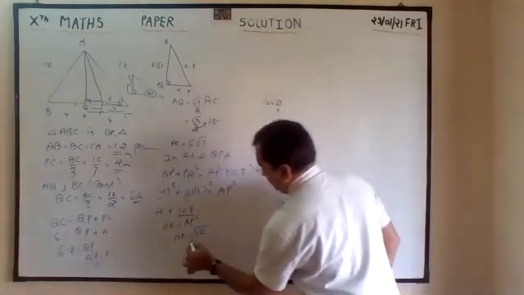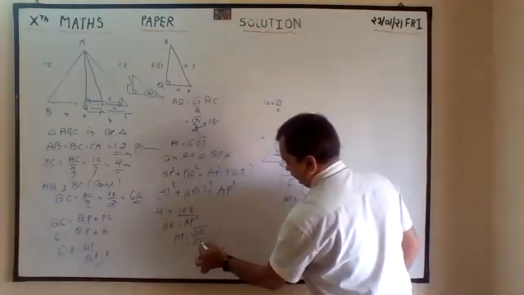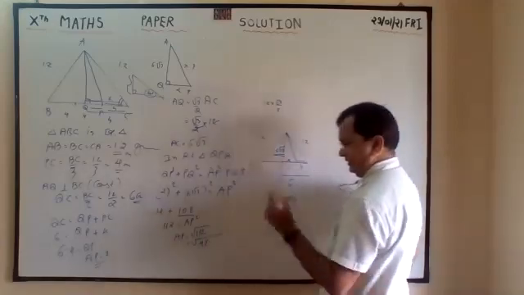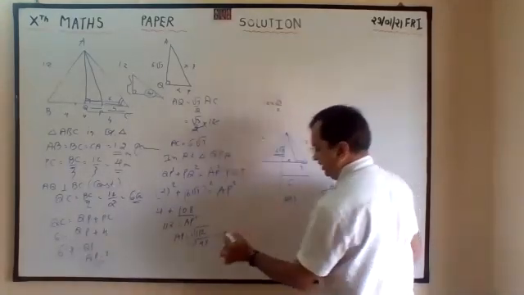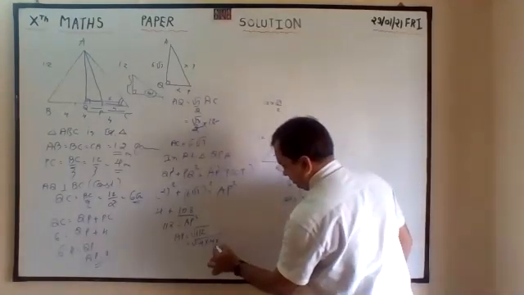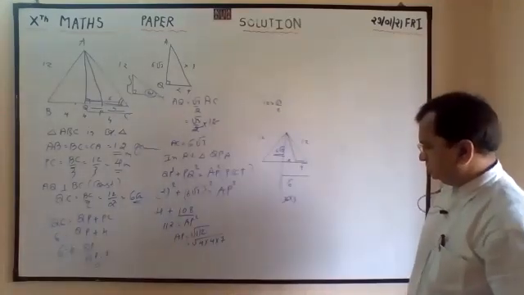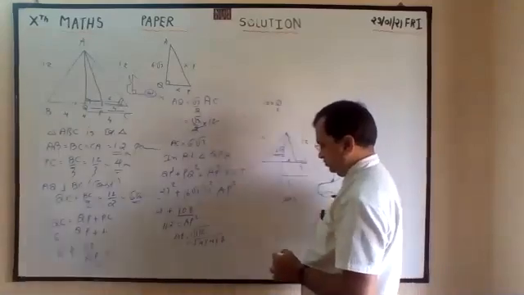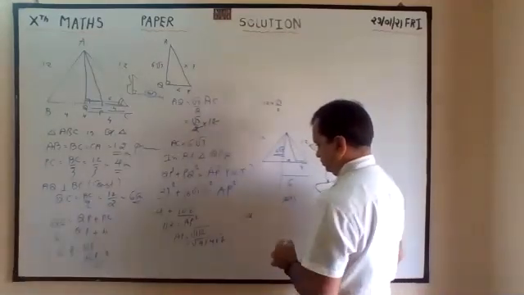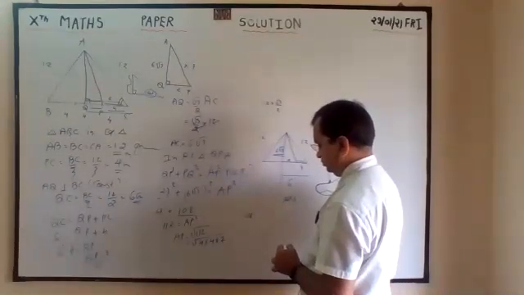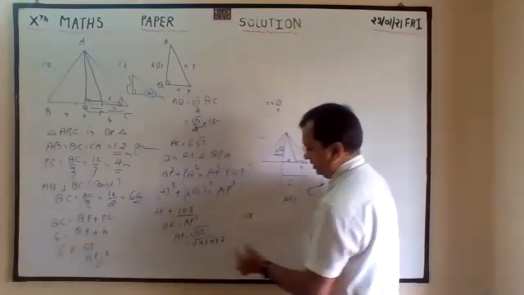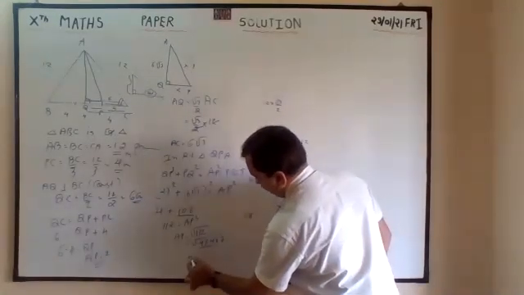Okay. Now you can just factorize. 4 into half is 56, 28. Again half. Correct. So 4 will come out, 4 root 7.